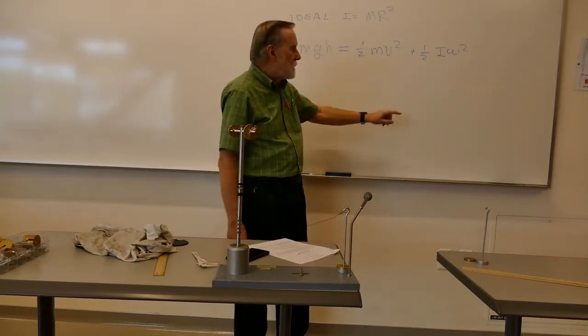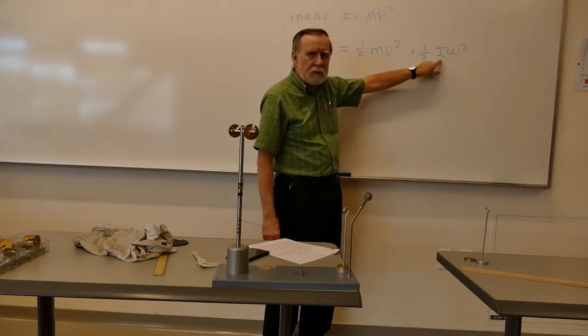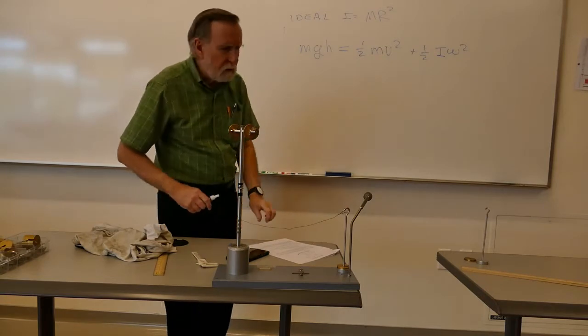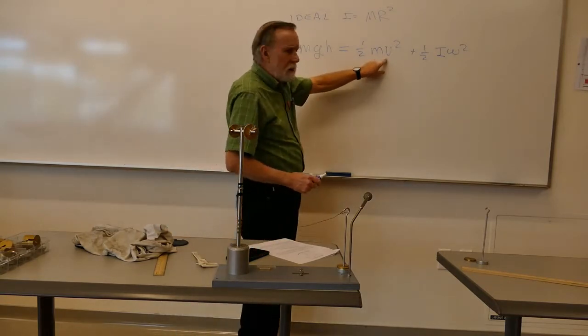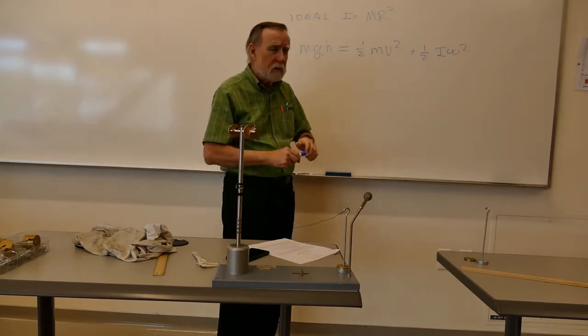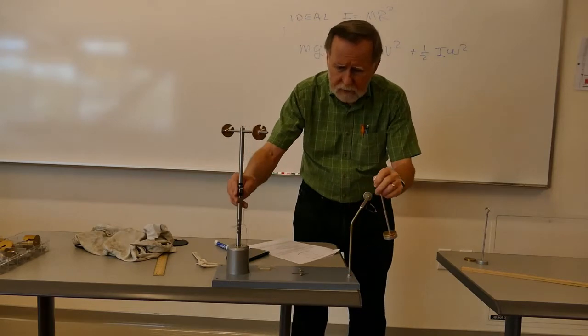So the unknown in this lab is I. What we want to measure in this lab is the moment of inertia. In order to do that, we need to know the velocity of the falling mass, the final velocity. So it all gets converted into kinetic energy. We need to know the final velocity of the falling mass.